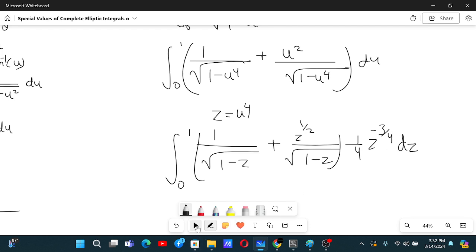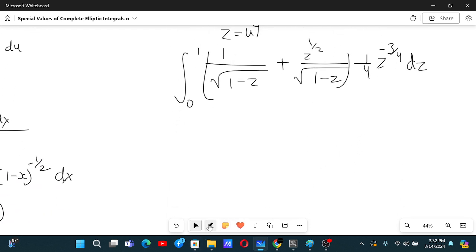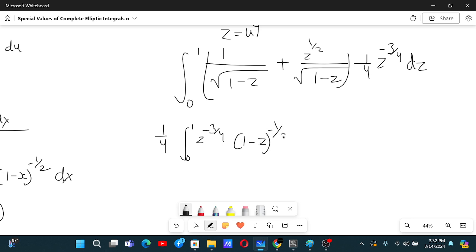Now again we have the beta functions. 1 by 4 outside, integral from 0 to 1, g to the power minus 3 by 4 times 1 minus g to the power minus 1 by 2 dg. And over here we have plus integral from 0 to 1.